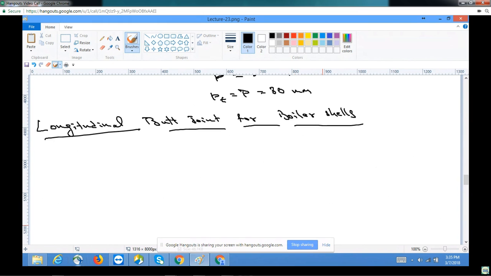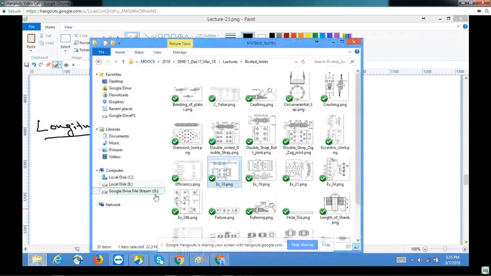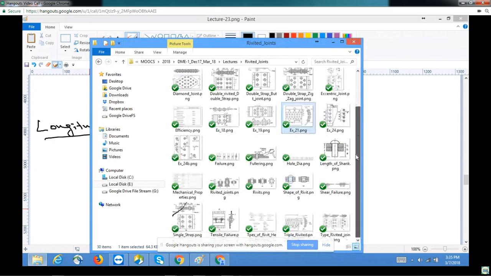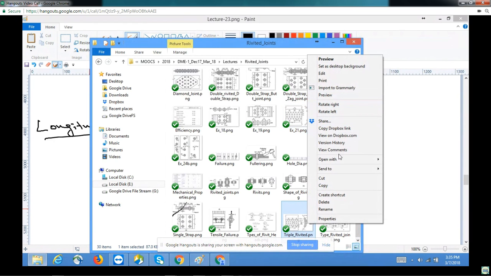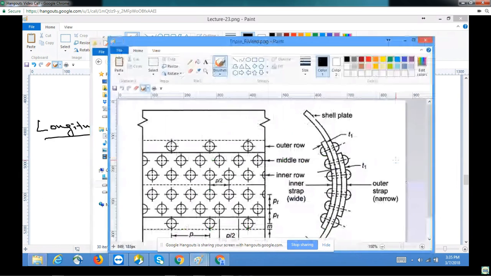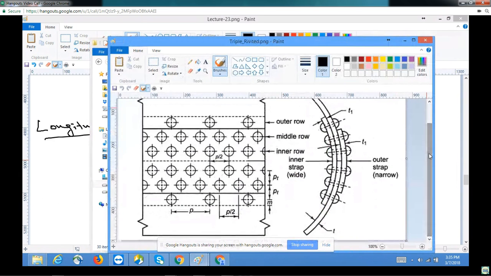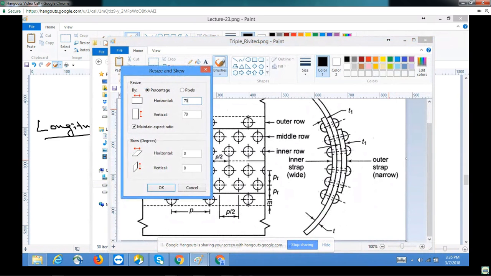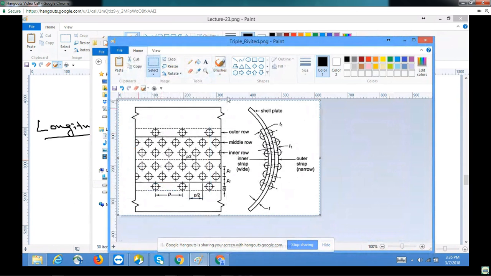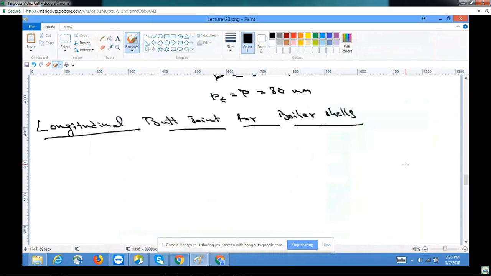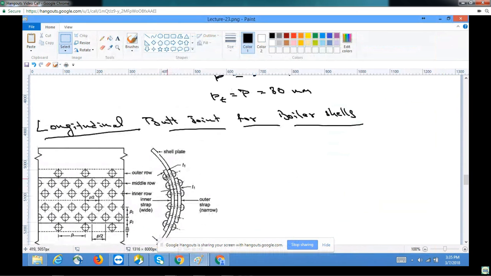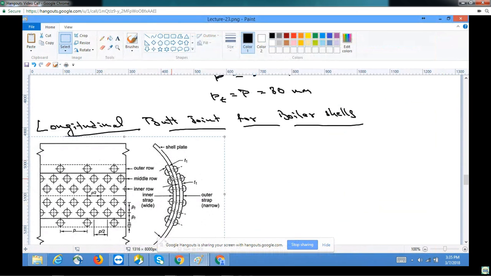Let us see how they look. So this is a boiler shell where you are doing a butt joint.